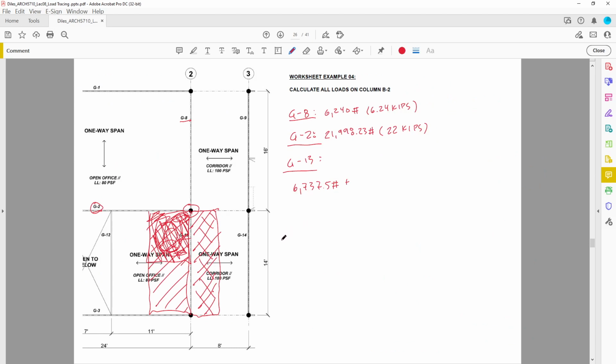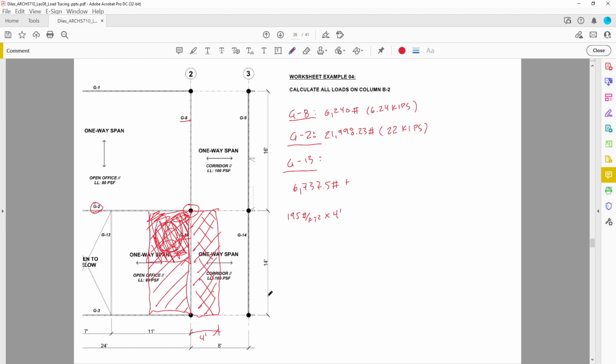So we're going to have, what's the area under load here? We have 195 pounds per square foot, because that's the 95 pound dead load condition everywhere plus the 100 pounds per square foot for the corridor, times what's the tributary area of the girder? It's going to be 4 feet times 4 feet.